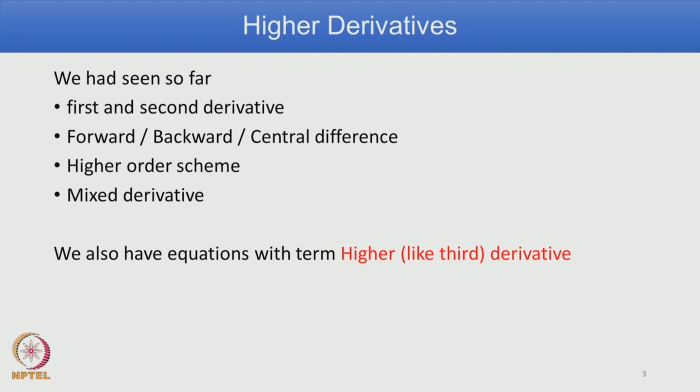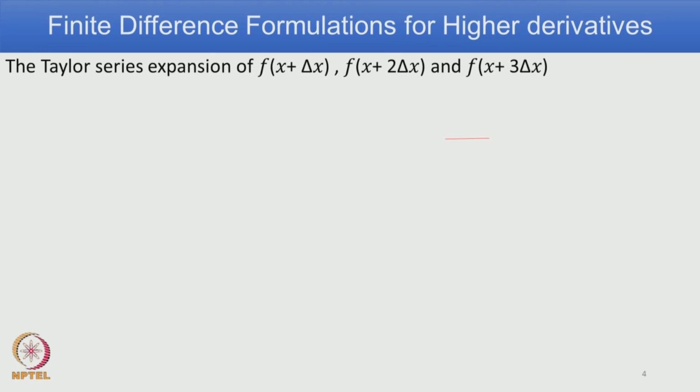For example, the vorticity transport equation or vorticity stream function formulation that we had seen last week has a fourth order term based on stream function. So, we should know how to obtain finite difference formula for any order as well, and this we had seen towards the end of last class. We repeat here for the sake of continuity.